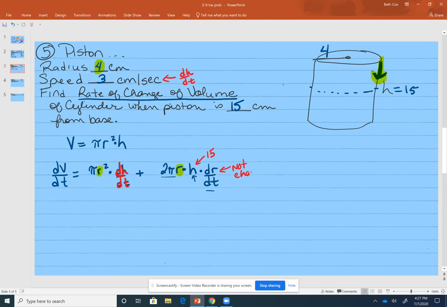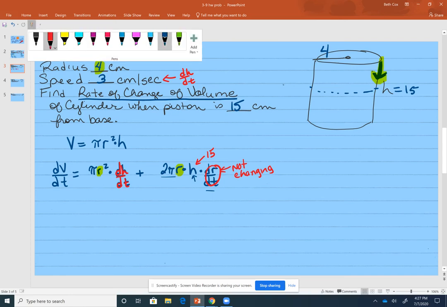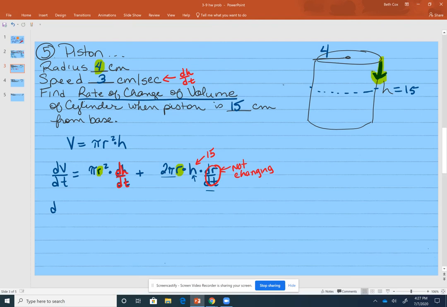Our radius is constant. So that's 0. So let's look at what we have here. We have pi, r is 4, dH dt is 3, plus 2 pi times 4 times 15 times 0.